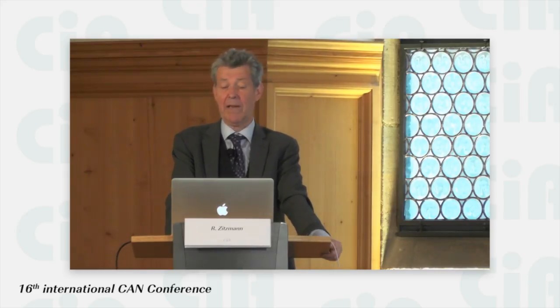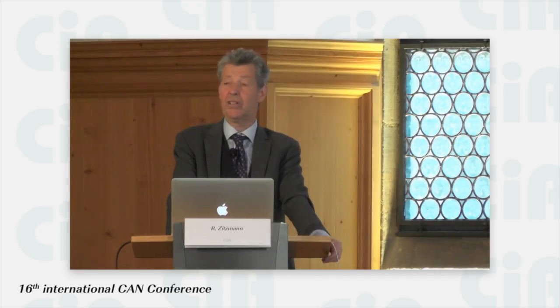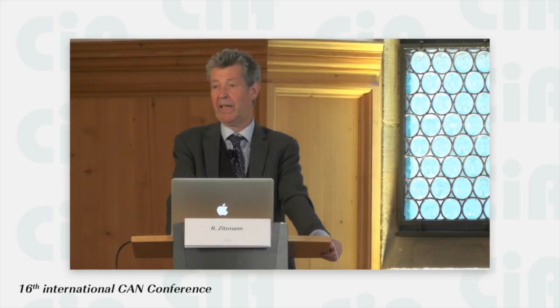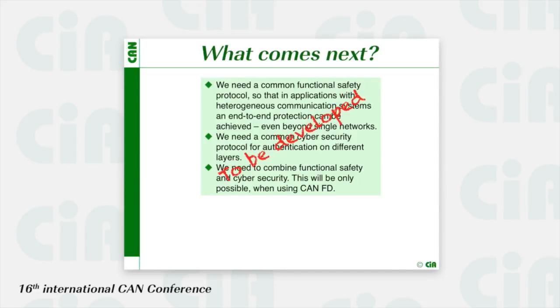We also need a common cybersecurity protocol for authentication on different layers. And we need to combine both of them, and then we have to use CAN FD with a larger payload, no doubt. This is an invitation to you to do this together with CiA, because this is not existing yet.